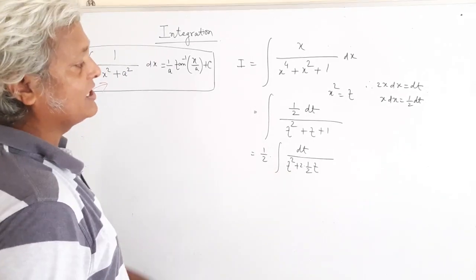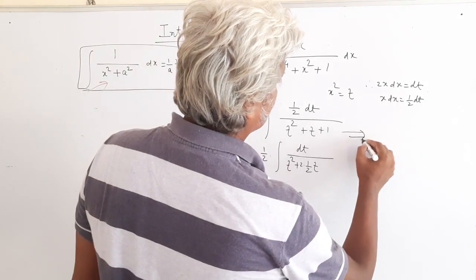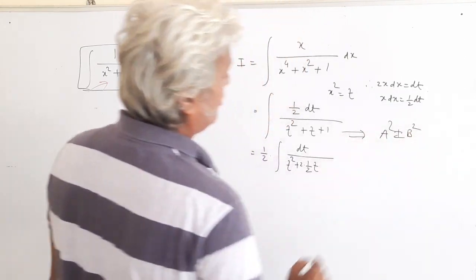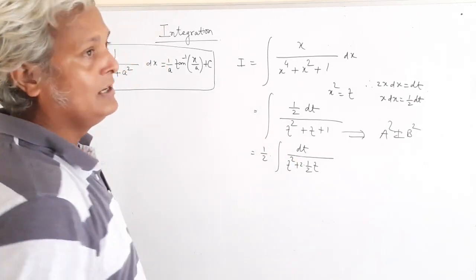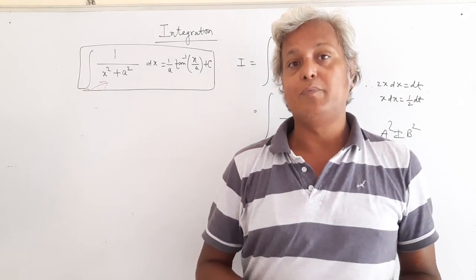So I just want to express this as the sum or difference of two squares. I want this to change into a square plus or minus b square form. So here I want to convert it to a perfect square, because t square plus t plus 1 looks like a square plus 2ab plus b square.